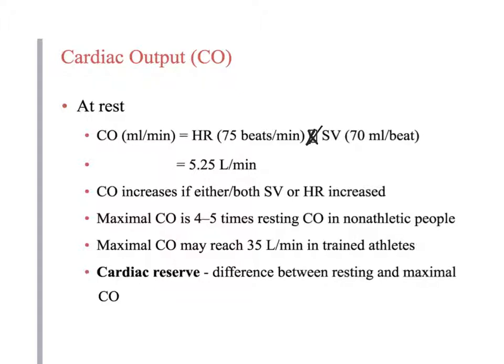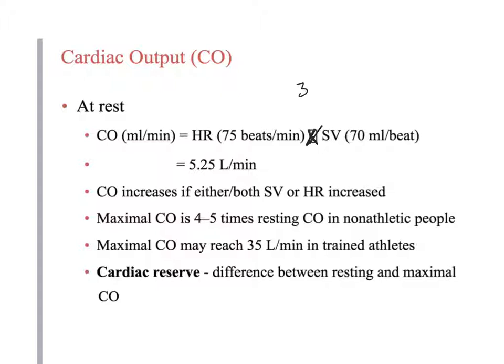Now, cardiac output, maximal, is about 4 to 5 times resting in non-athletic people, okay? So you end up at a point where you kind of top out, okay? But in trained athletes, it may reach 35 liters per minute. 35 liters per minute. Let's figure out what that is, stroke volume.